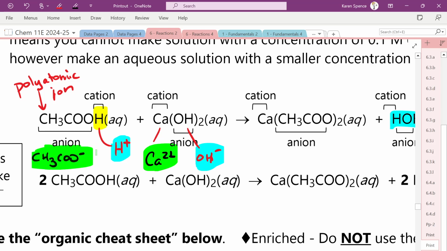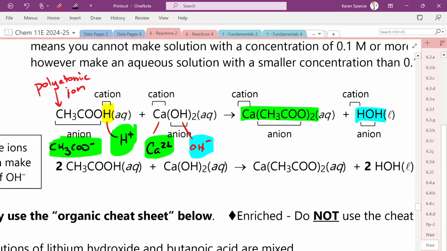So we'll end up with Ca(CH3COO)2. Other than the fact that the H plus is in a weird place, at the end instead of at the beginning, it just works like any other double replacement or neutralization.